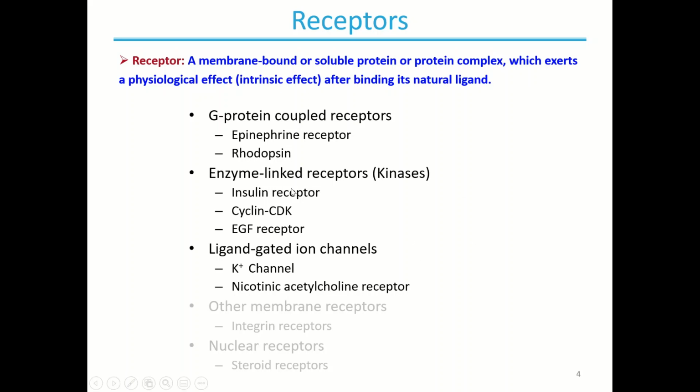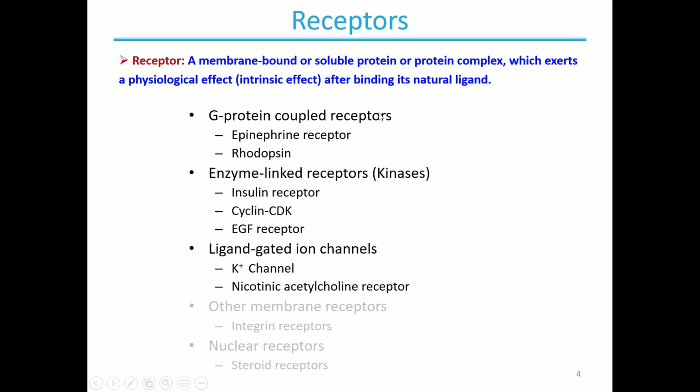G protein coupled receptors. And first I should mention, when we're talking about receptors, we're going to be focusing on membrane-bound receptors. That's why this chapter is right after our discussion of membranes. But there technically are some soluble proteins that are considered receptors, but we're going to be focusing on the membrane-bound ones.